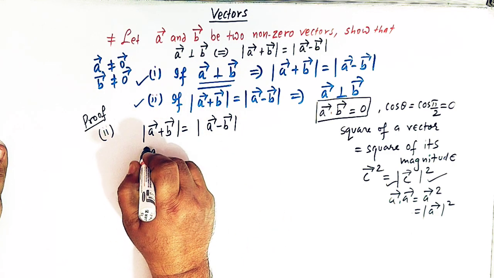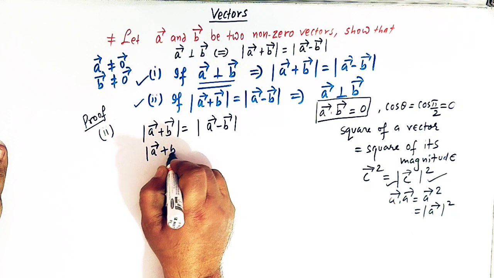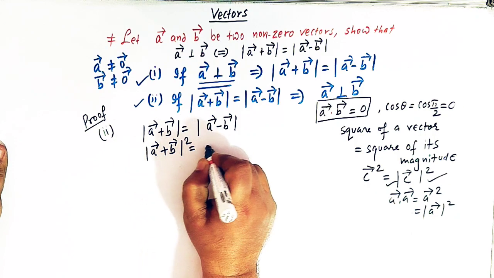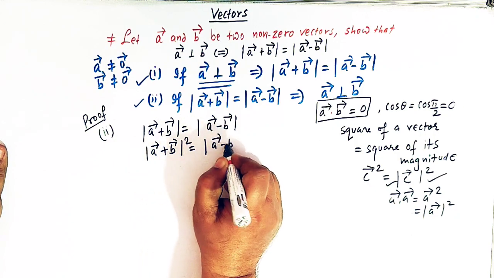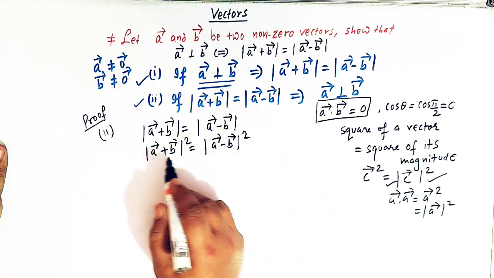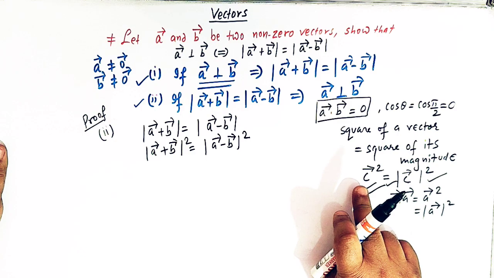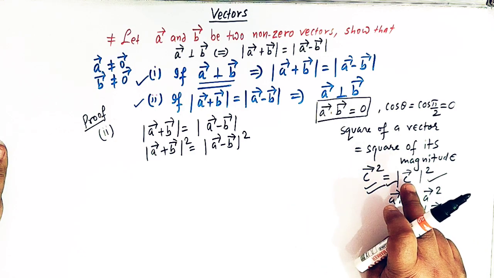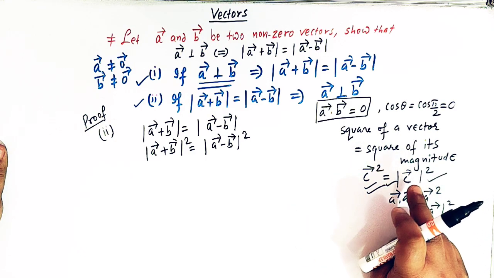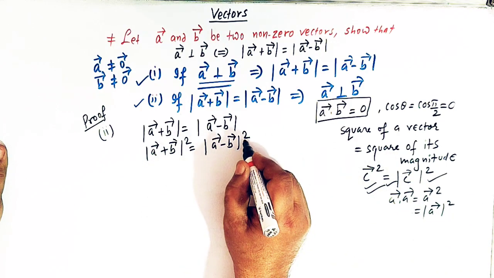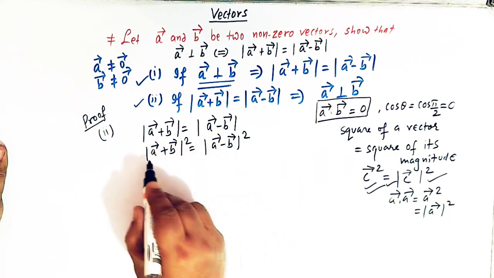So we have the square of both sides like this, and now we can use this important result, right? So the square of a vector is equal to the square of its magnitude. So here we have the square of the magnitudes.